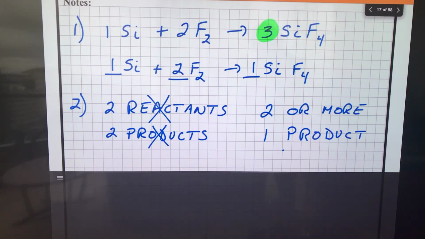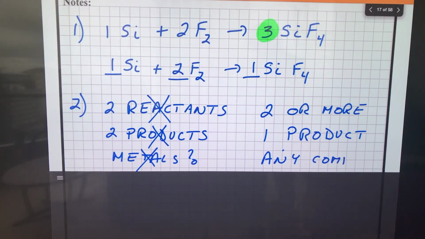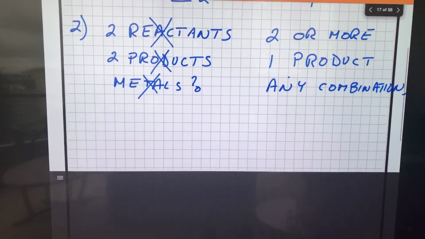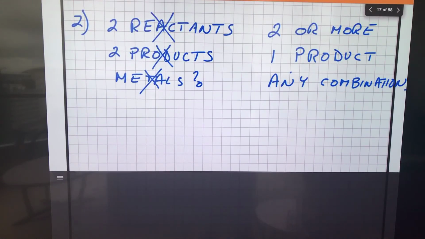And the last one is, do they always have to include metals? That one was not right either. They can be any combination of metals and nonmetals. Okay, any combination. So the answer to number 2 was none of them were right. Remember, I've always told you, sometimes there might be 1 right, 2 right, 3 right, or none right.